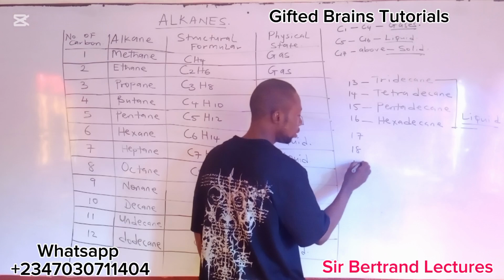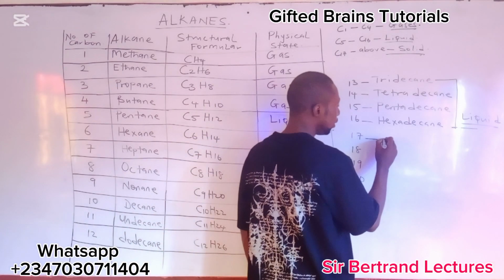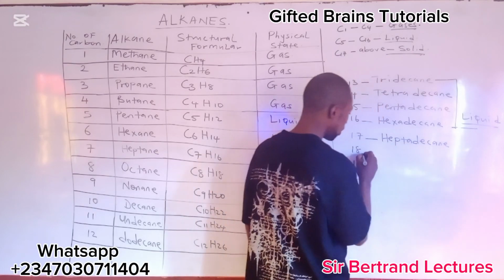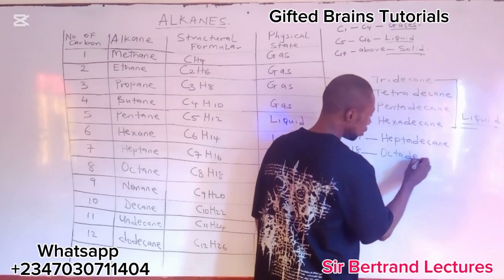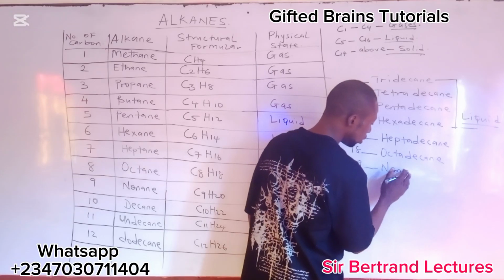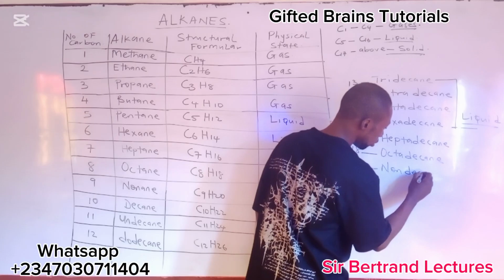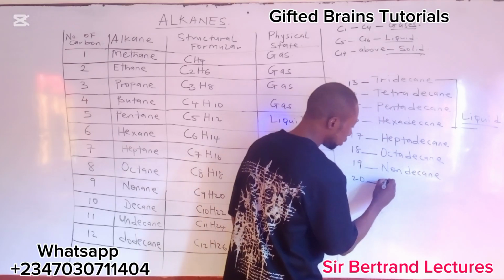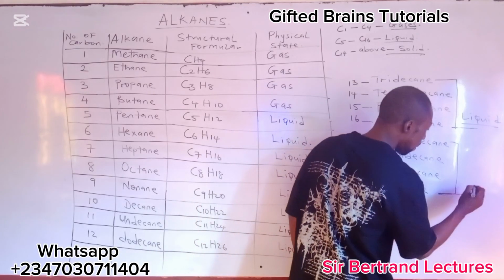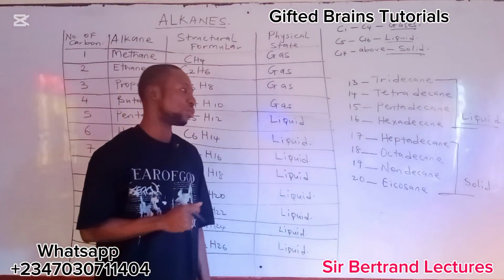17, 18, 19, 20. Let me stop here at 20. 17 is heptadecane. 18 is octadecane. 19 is nonadecane. 20 is icosane, and all of them are solid at room temperature.